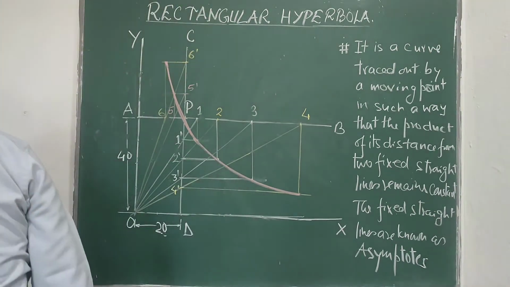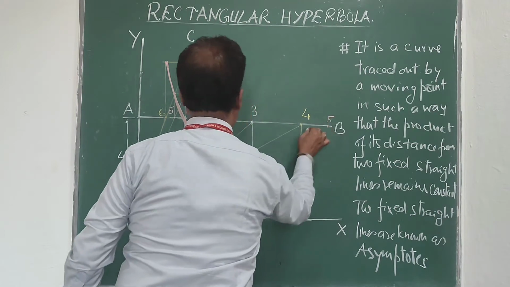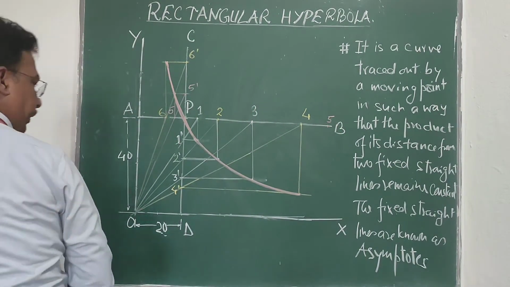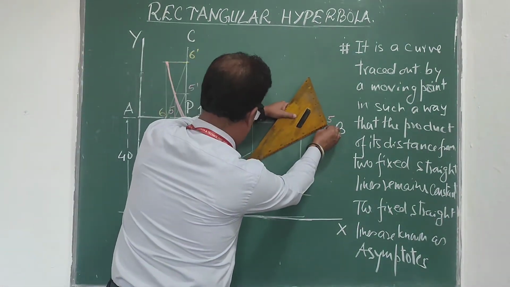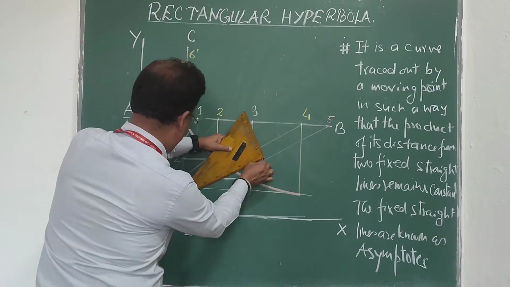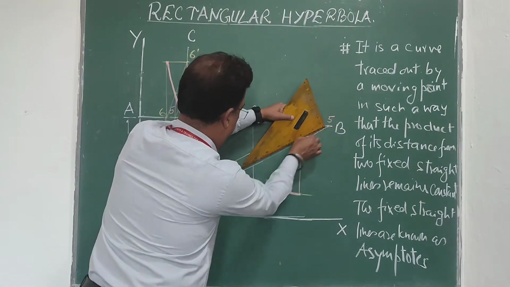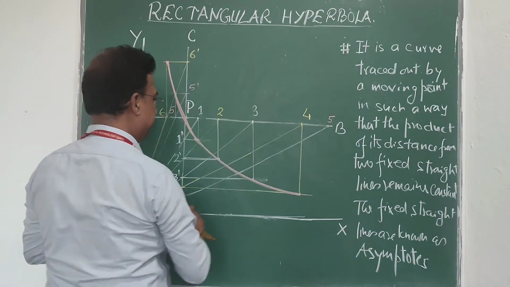If we like, we can take one more point here also. Suppose I will take another point 5 on this side also, and join this 5 again with the point O. On the way, it cuts at 5 dash.